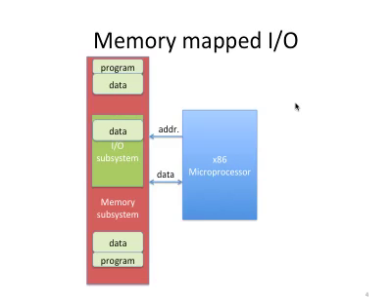The second category is so-called memory mapped I/O. In this organization, you have one single address space, and this address space is connected to the microprocessor. In this memory address space, there are certain regions that you can reserve for I/O devices.